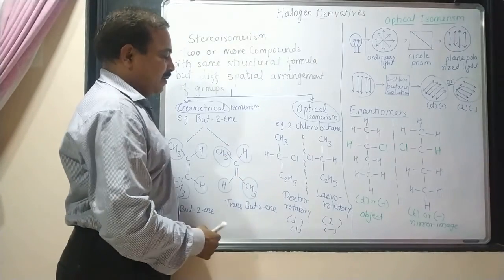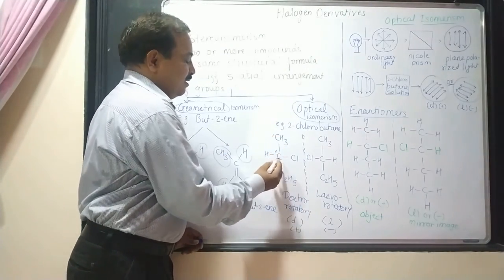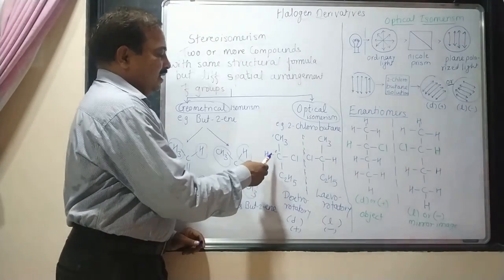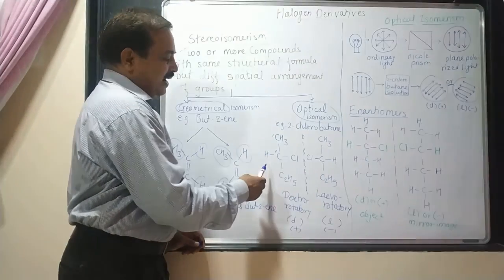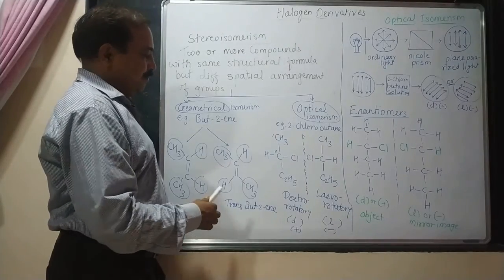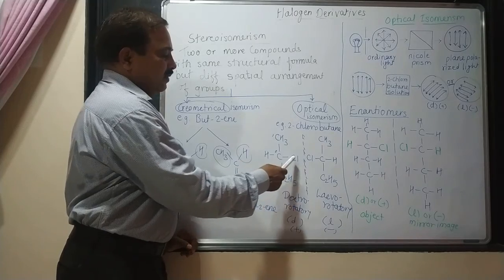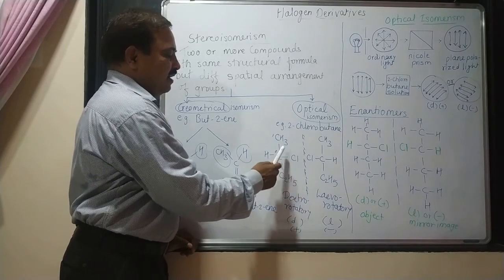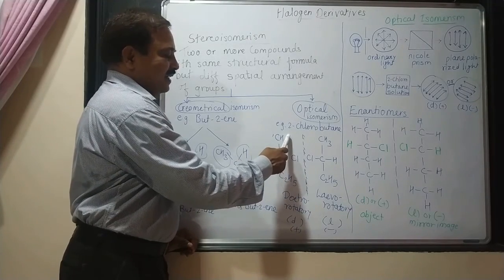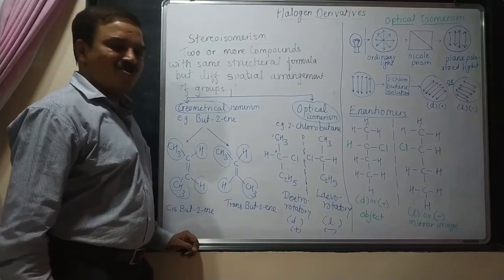Now the second carbon atom has all four atoms or groups of atoms different. How are these different? Here is one atom, another atom, both are different. The third group is CH3, and the fourth group is C2H5.